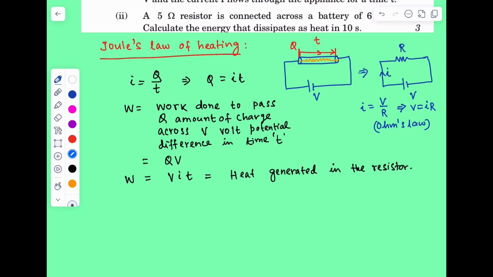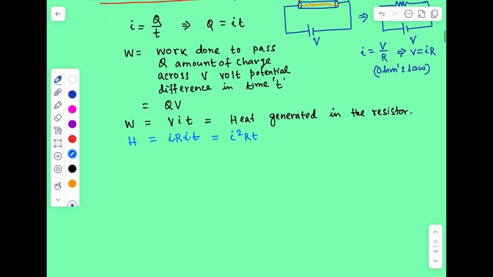And again, if you apply Ohm's law, V is equal to IR, then we can write this as I into R into I into t, that is equal to I square R t. This is the heat generated.